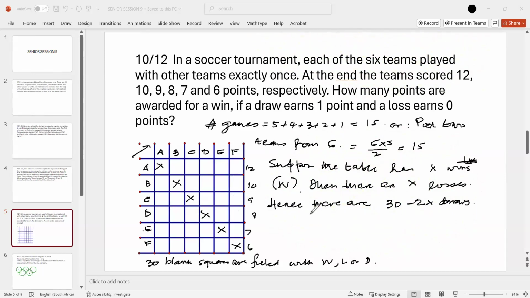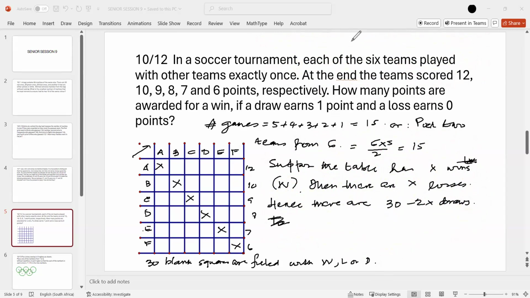Right, now we can count the total number of points. Okay, now we know that a win, how many points are awarded for a win? Now that's a question. So we need to give a name to that.